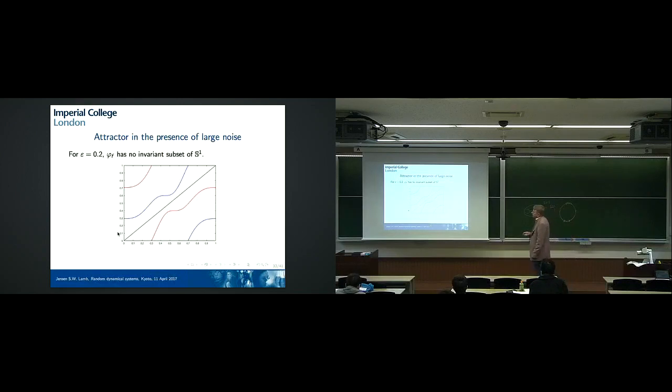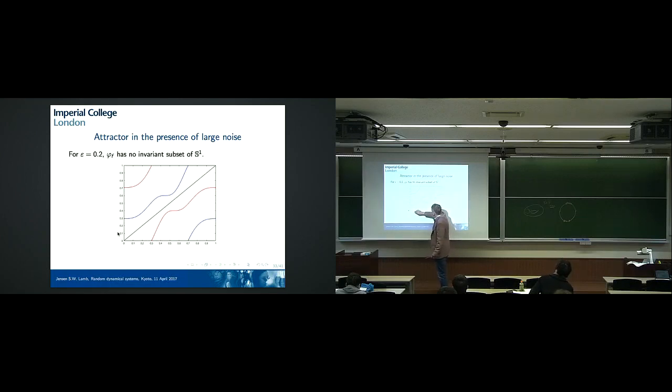Okay. So what happens if I take larger noise? Well, if I take larger noise, I don't have any invariant subset anymore. So this is my graph of F2 for larger noise. And what you see here is that the regions are now like this, in between here. Then it goes in there.